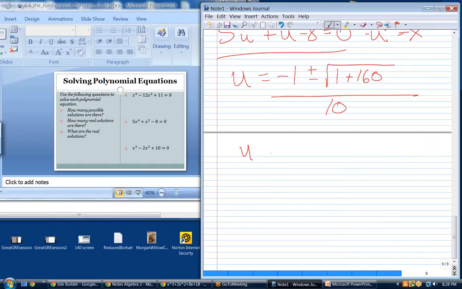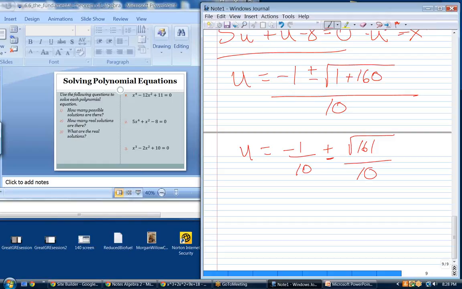So let's simplify that. Yeah, let's see. That's minus 1/10 plus or minus, no, I don't think anything divides into 161. No. So there's our answer for U.